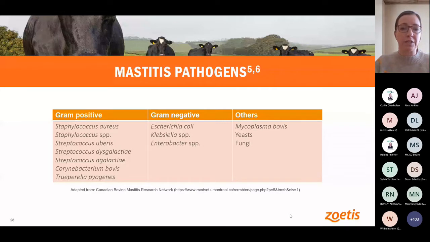I've just divided it broadly into categories for you: gram-positive, gram-negative, and some other pathogens that can also cause mastitis. I think it's important to know which pathogens fall into which category, because when you are making a decision as a veterinarian about which intramammary antibiotic is the most appropriate to use, you do that in conjunction with the culture results.